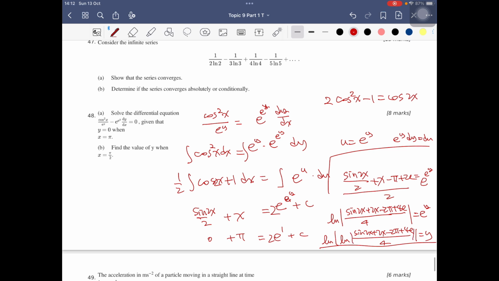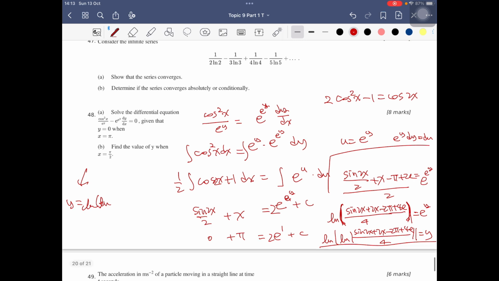We can put it in, nothing strange. Actually, when I apply ln to both sides, I don't need to put this modulus sign, sorry. So ln of 1 over 4 sine pi minus 2 pi plus 4e. Oh, sorry. So y equals ln of ln of 4e minus pi.